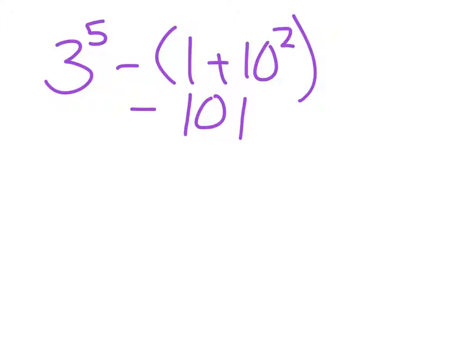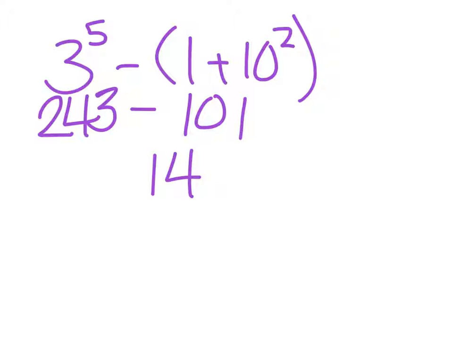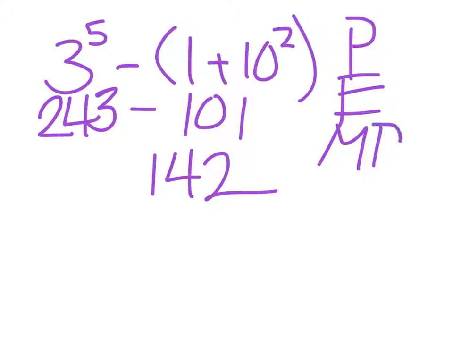I better get myself some help here. 243. 3 to the 5th is 243. 243 minus 101. What is that? 142. So, that's the big thing for a fair amount of this, is just make sure that you have everything in the right order as you do it.